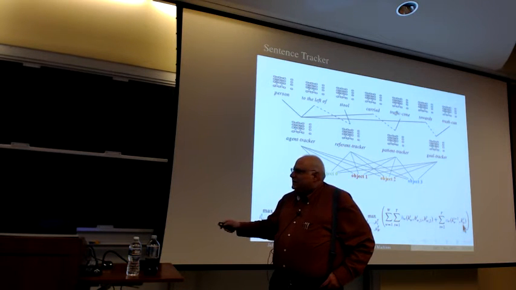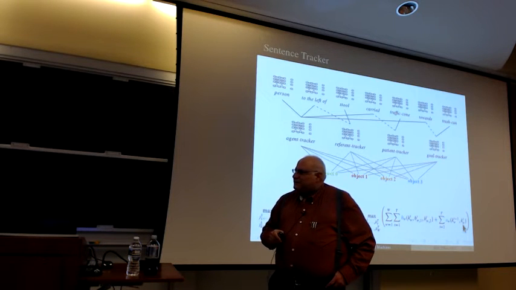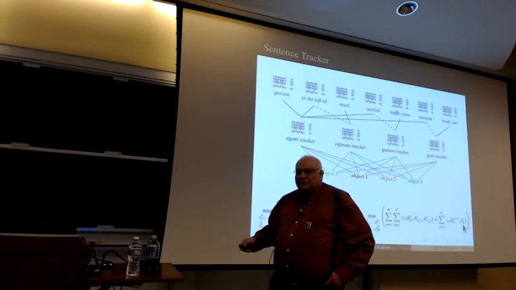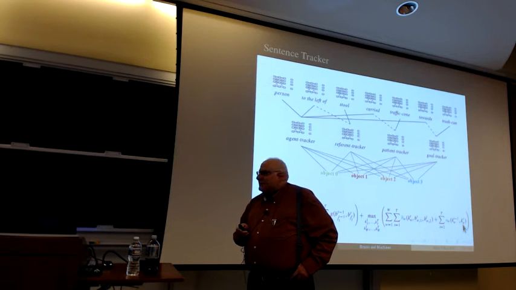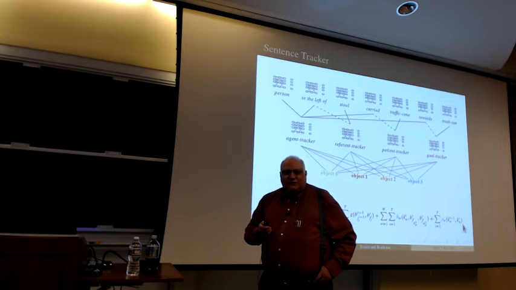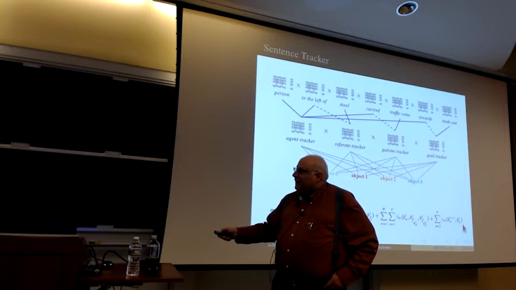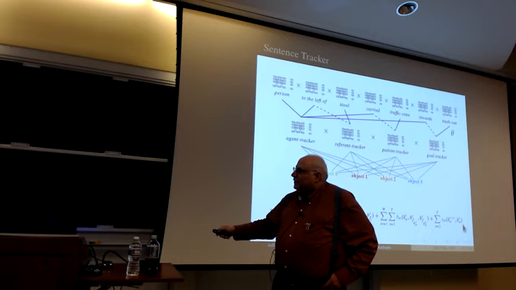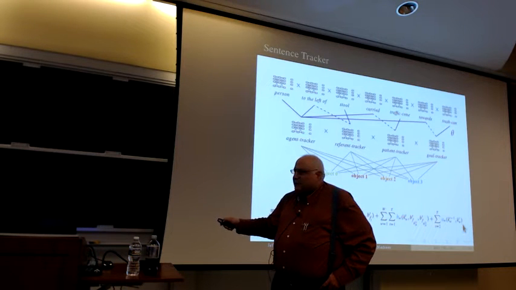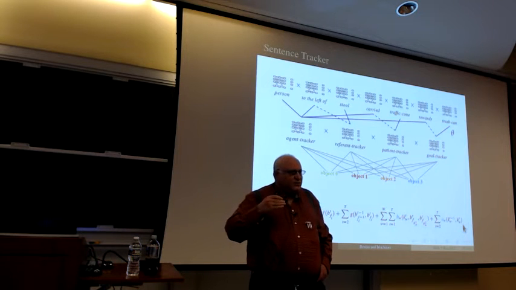And again, if we did tracking independently of the semantics of the sentence, we'd have two independent optimization problems that we can ultimately ask for the summation of. But by moving the maximization outside and doing joint estimation, we can accomplish that by forming a cross product of all of these lattices, constrained so that they're linked together by the role assignment of which objects play which roles in which events.